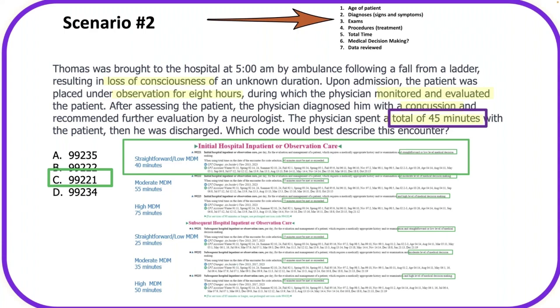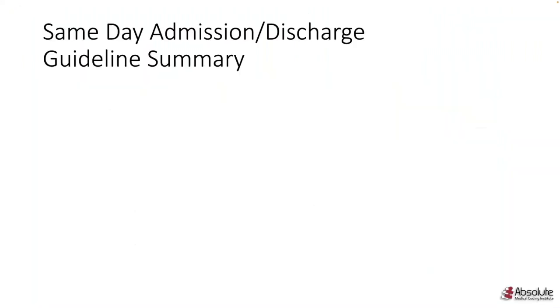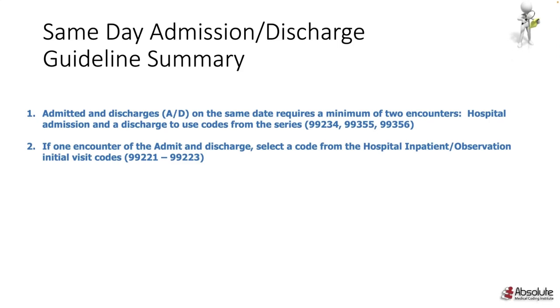Now I'm going to let that marinate. And while I'm doing that, I want to review the guidelines for same day admit and discharge. Let's go ahead and summarize. Admit and discharge codes on the same day require a minimum of two encounters, hospital admission and discharge, to use these code series, 99234, 99235, and 99236.